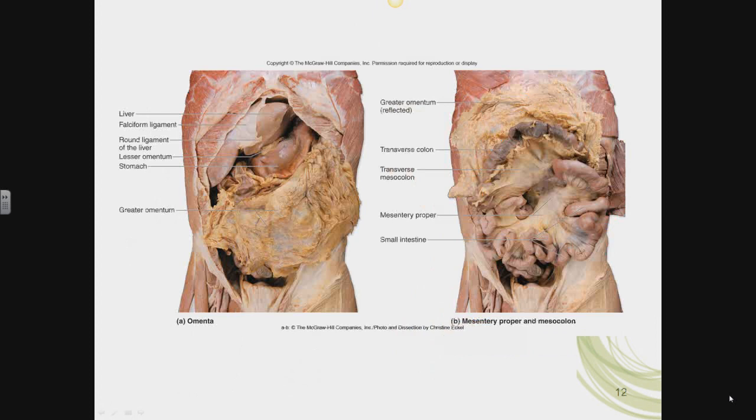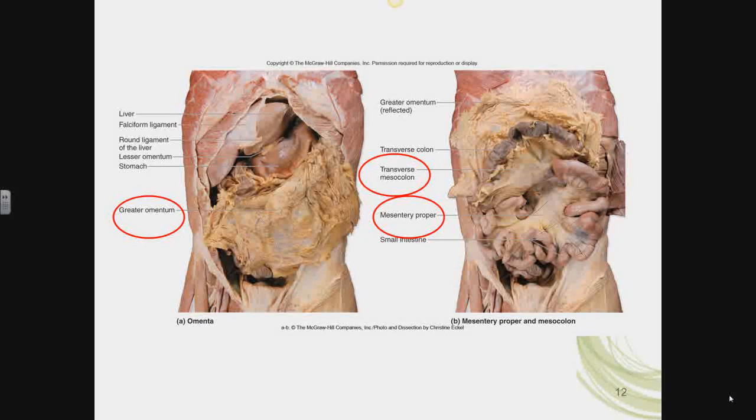On this picture, you are seeing the different types of mesenteries. Of particular focus is the greater omentum, that apron-like layer of double peritoneum with a lot of adipose tissue trapped inside of it. And then on the right picture, you're seeing the mesentery proper, the fan-like mesentery that anchors all of the small intestine.